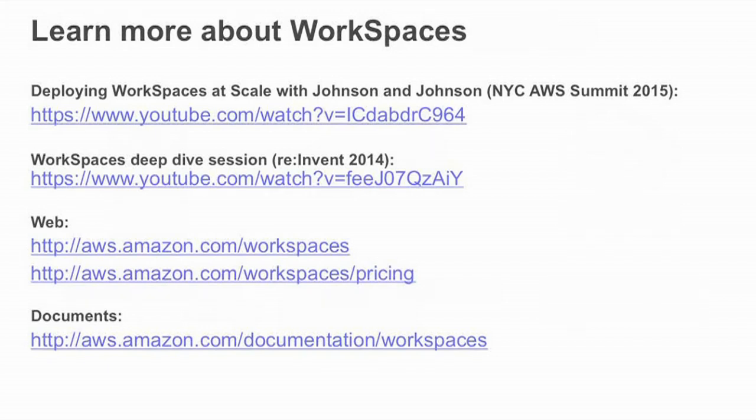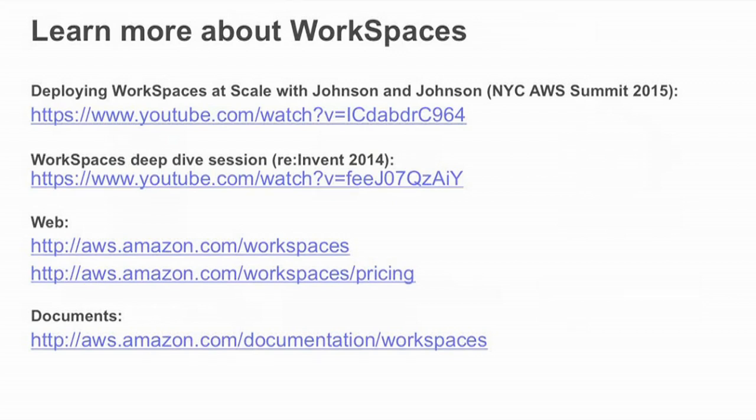There's more details at these links. The first one is WorkSpaces at scale with Johnson & Johnson, one of our customers who's deployed and is planning to deploy thousands of workspaces. We also have a workspace deep dive session which covers a lot of the networking constructs that are involved with workspaces and also details on how the service integrates with an on-premises environment.